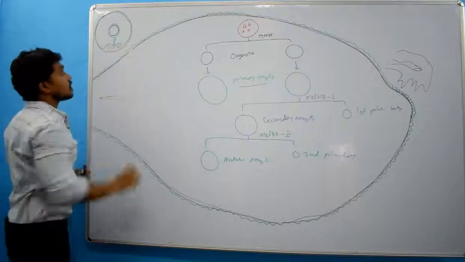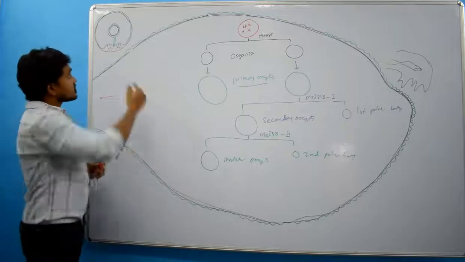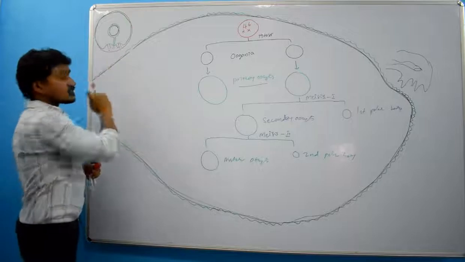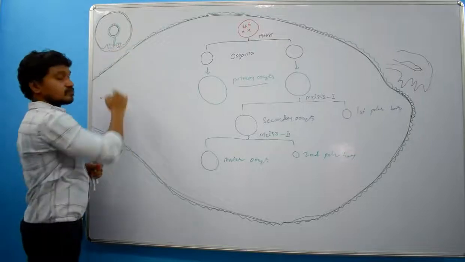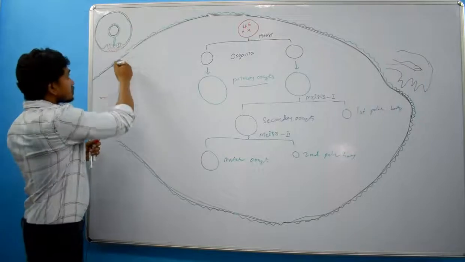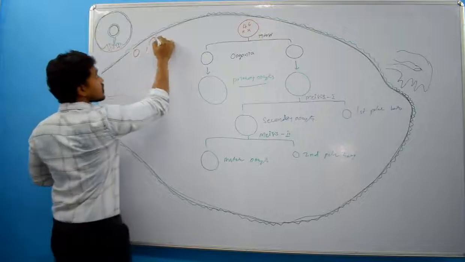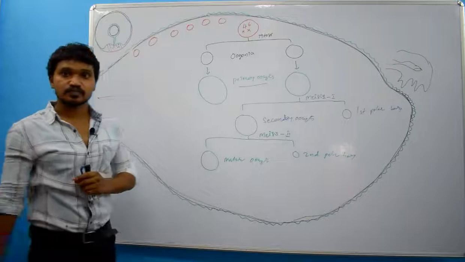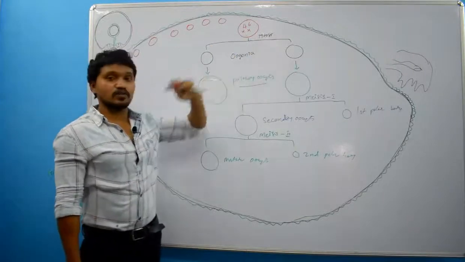In case of males, these sex cords will canalize and form the seminiferous tubules, but we are discussing females. So these sex cords will break down, right? And these primordial sex cells will be incorporated within the ovary. Clear?